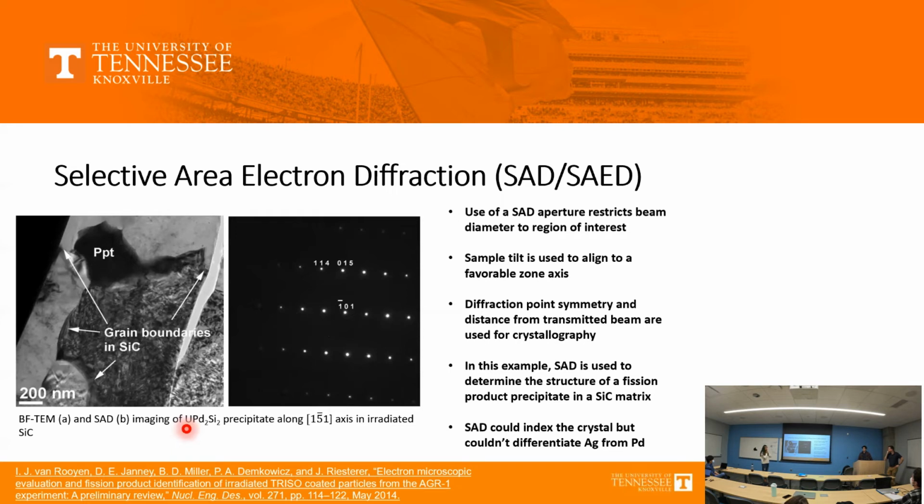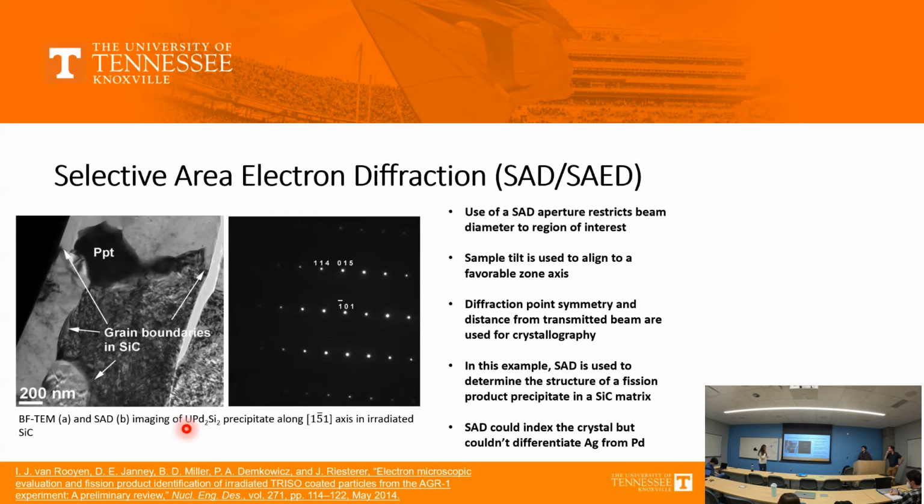The problem with convergent beam is that while you can get an extremely small spot size, on the order of a couple nanometers, the intensity is extremely high. So if you have a really nanoscale precipitate and you're trying to do nano or microbeam convergent diffraction, your background signal is going to be very substantial. That's why a lot of the time selective area diffraction is actually used for precipitate analysis, just because you're working with a pretty small amount of material.